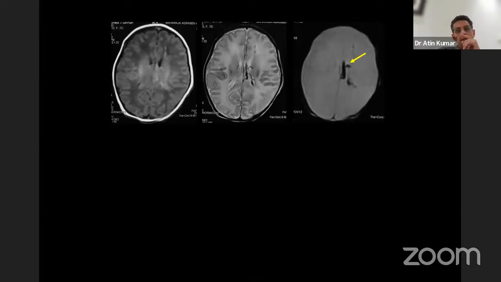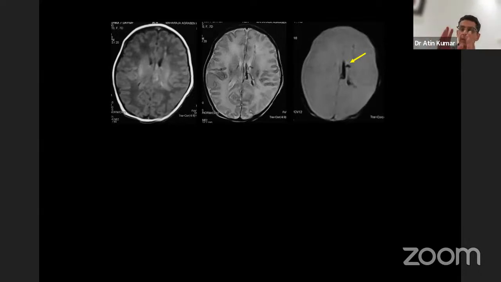Let's see another example. The advantage of MRI is over CT. CT will detect bleed only in the acute to subacute stage when it appears bright. Once it goes to a chronic stage, the bleed no more appears hyperdense on CT, and you will not be able to identify bleed on a CT scan if it is a chronic or remote bleed.